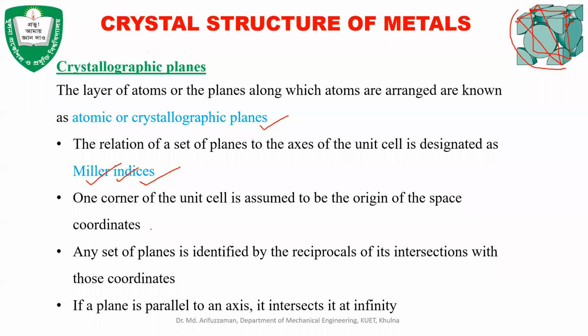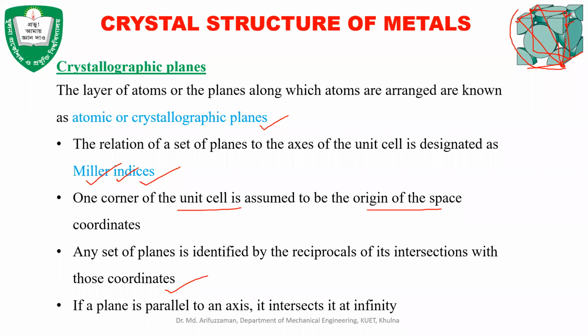To calculate the Miller indices, one corner of the unit cell is assumed to be the origin of the space. You can consider a corner of a unit cell to be the origin of the unit cell space lattice or space coordinates. Any set of planes is identified by the reciprocal of its intersection with those coordinates. Any set of planes you want to define is identified by the intersection with those coordinates, on the x-axis, y-axis, or z-axis.